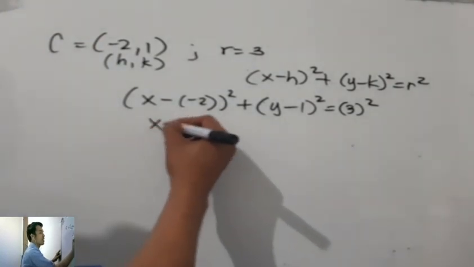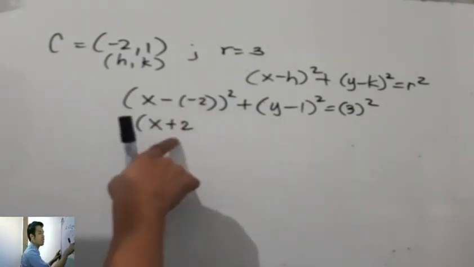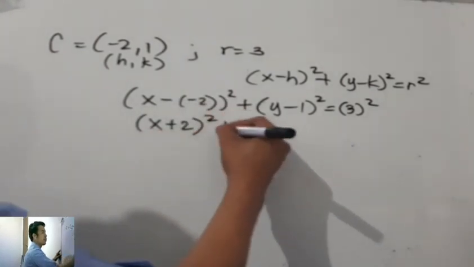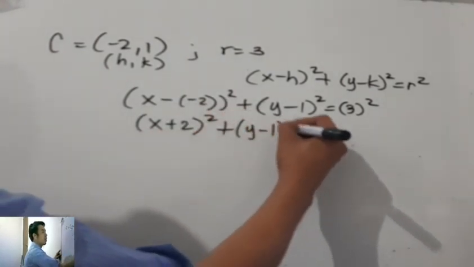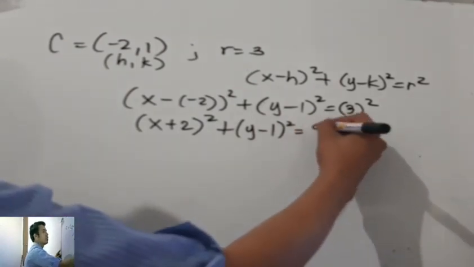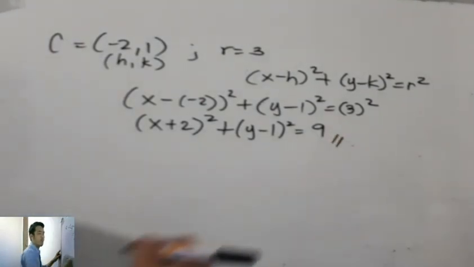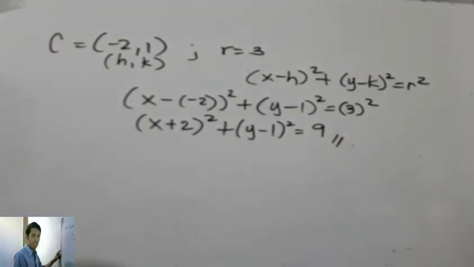We have the quantity of x plus 2, because negative times -2 is positive 2, squared, plus y minus 1 squared is equal to 9, because 3 squared is 9. So this is now the standard form of the equation of the circle with a radius of 3 and the center of (-2, 1). Okay?